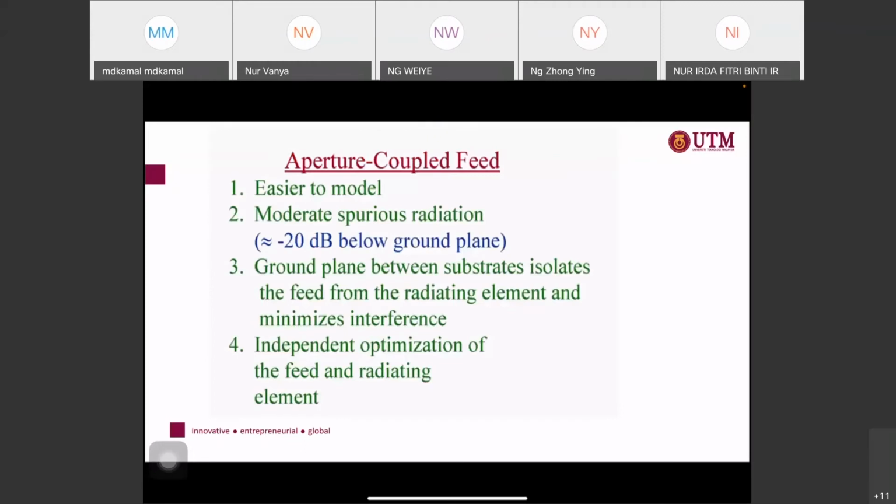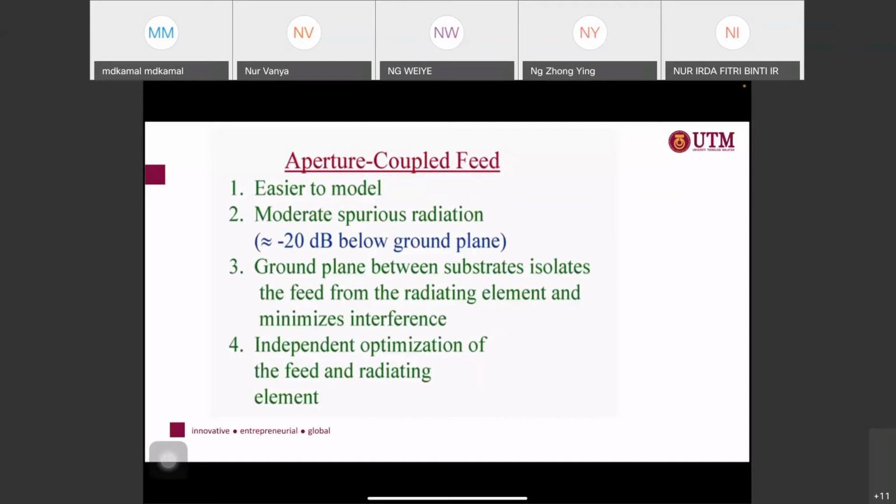For the aperture coupled feed, this is easier to model in terms of modeling techniques. It has moderate spurious radiation, and the ground plane between the substrates isolates the feed. It also minimizes interference and allows independent optimization of the feed and radiating element.